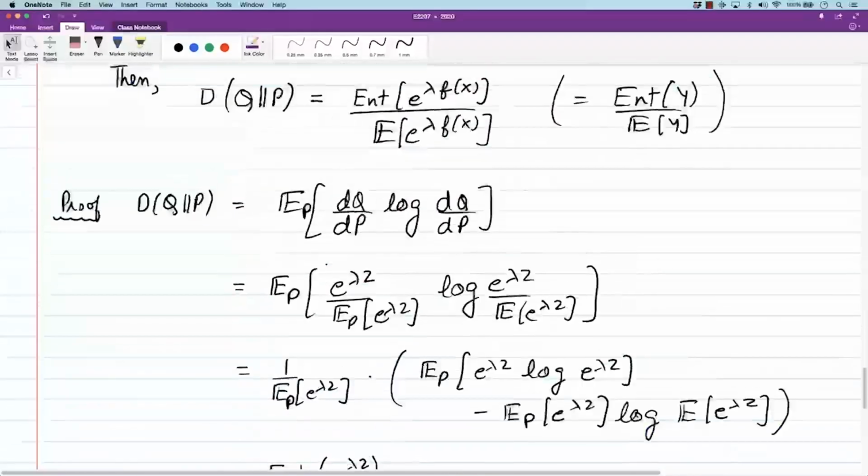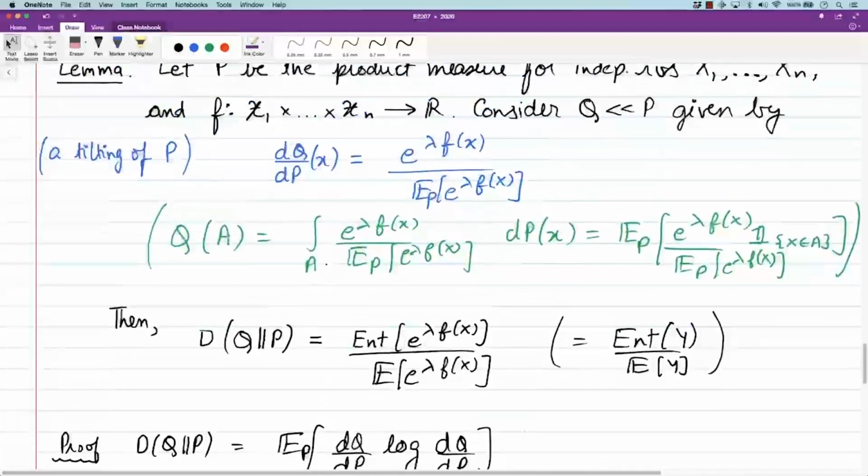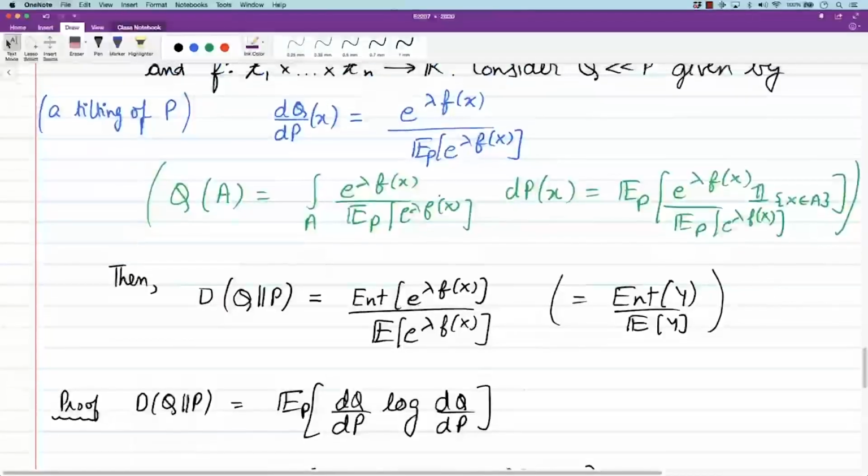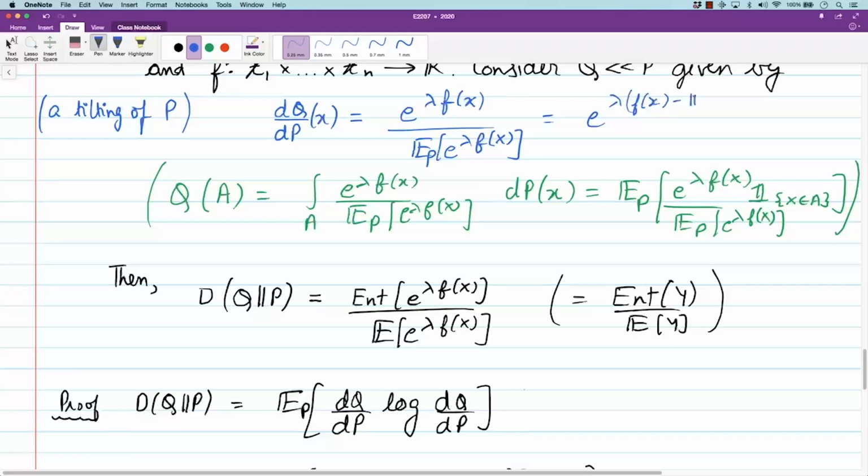One small catch here. I showed this proof with e to the power lambda f, but what happens to the centering? We have to subtract from it the expected value of f, right? But note that it doesn't matter. This is exactly equal to e to the power lambda (f(x) minus the expected value of f(x)). That centering comes for free because there's a ratio here.